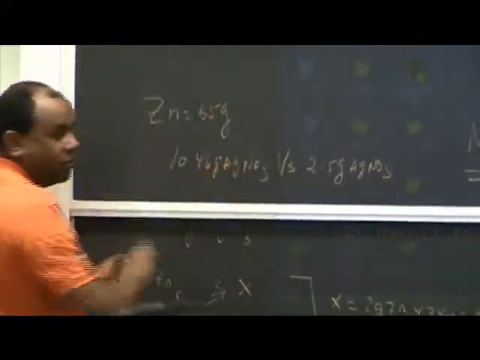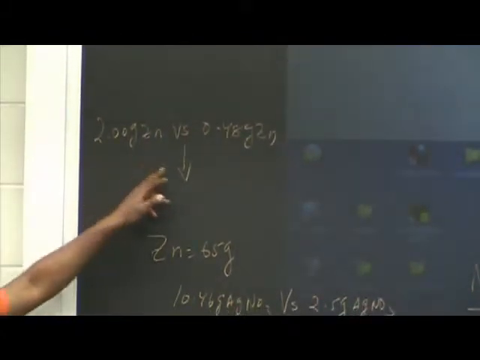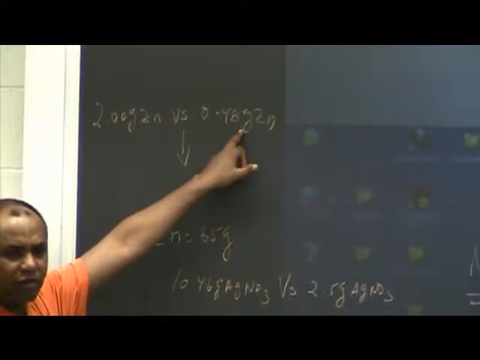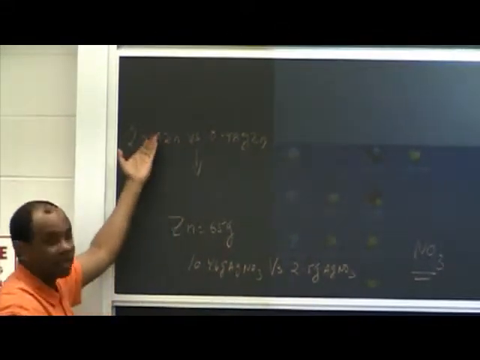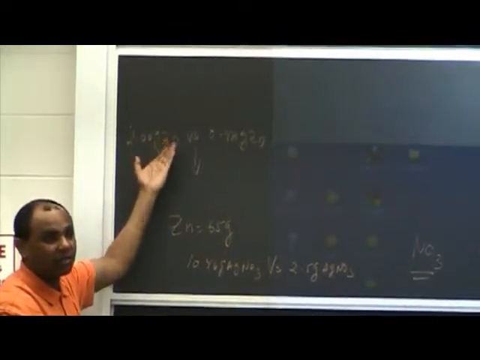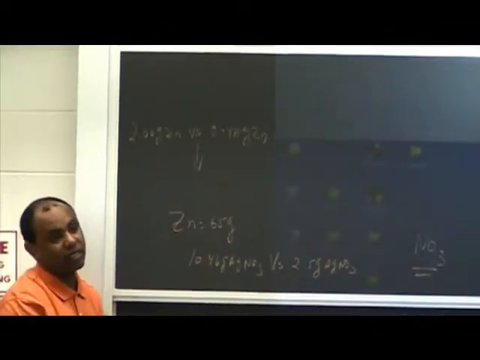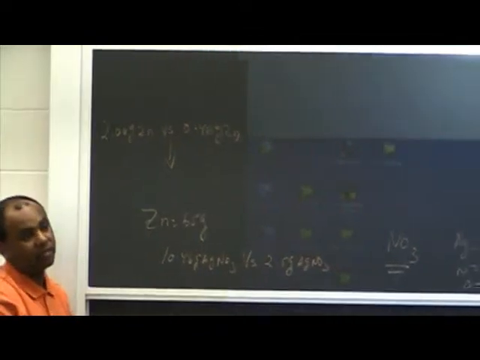What is your interpretation from here? The required amount for 2.5 grams of silver nitrate is only 0.48 grams of zinc. This is excess. 2 grams is excess, but you have been given 2 grams of zinc. So we don't need more than one calculation. It's enough to do one calculation.